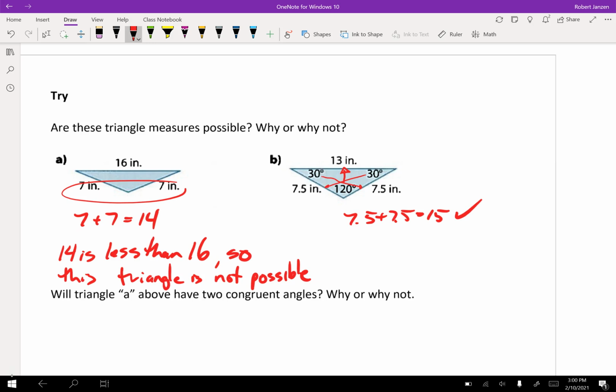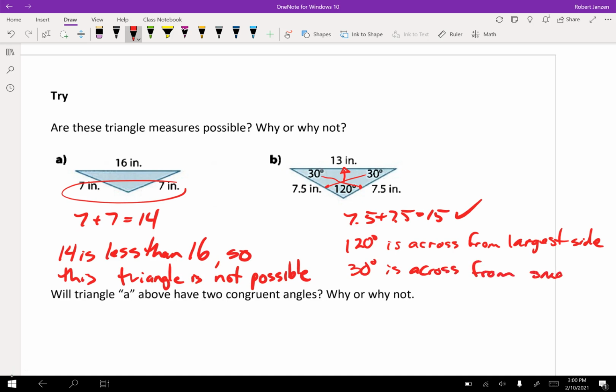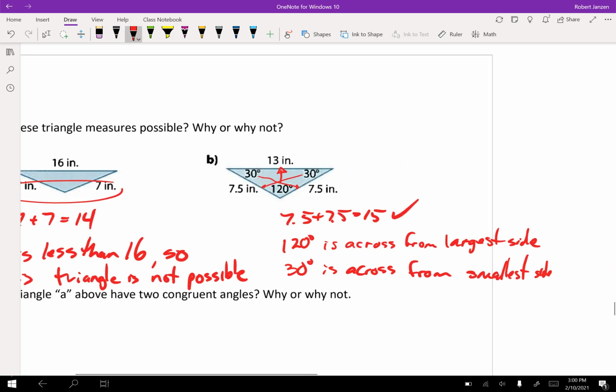Well, the biggest angle, 120, is across from the largest side. And 30 degrees is across from the smallest side. So I think this should be okay. This one is okay.